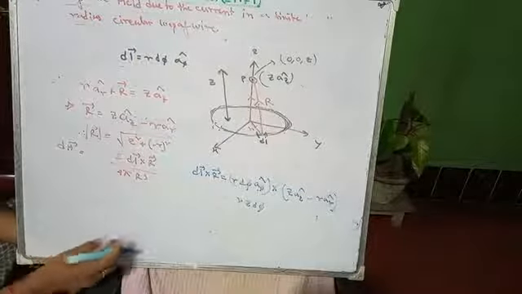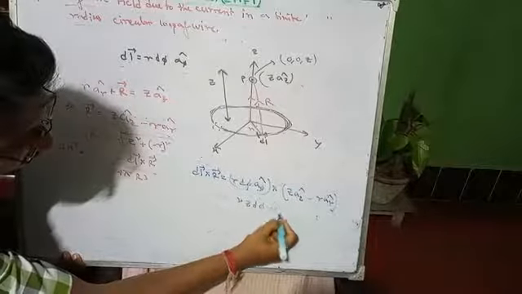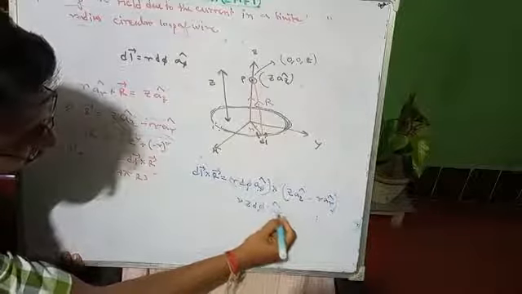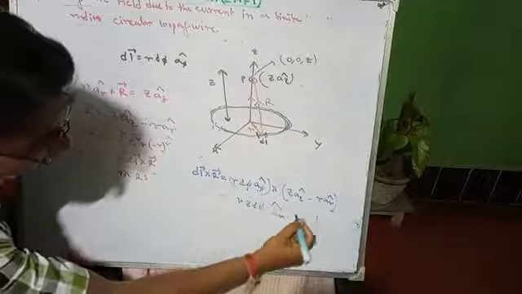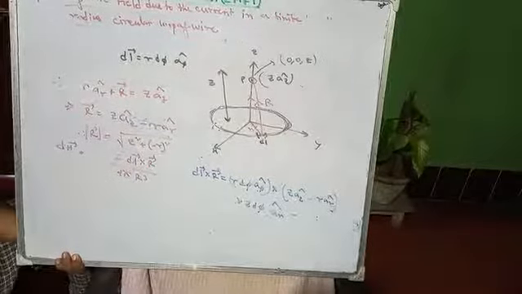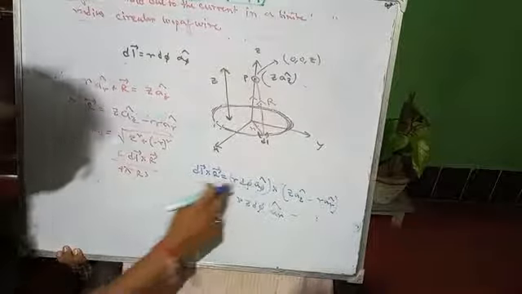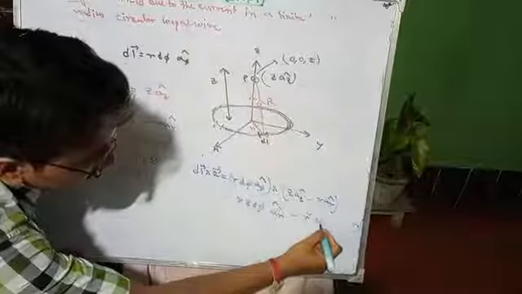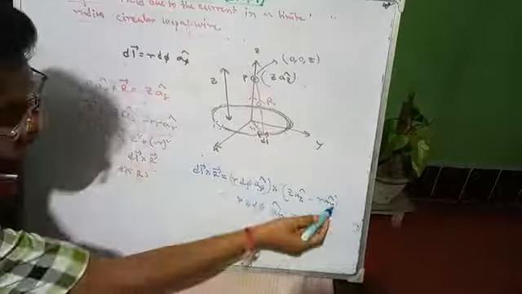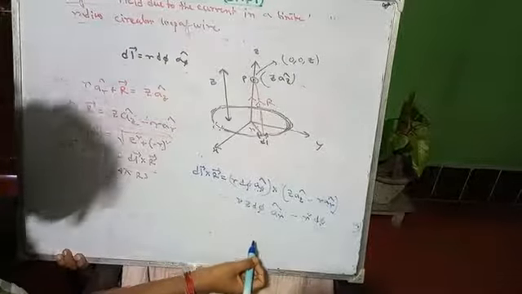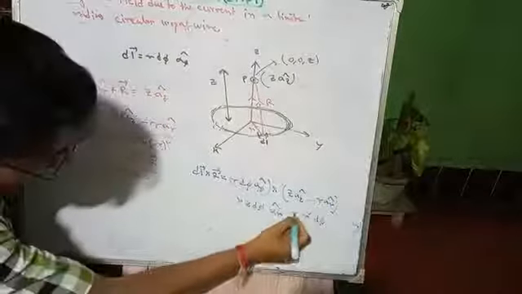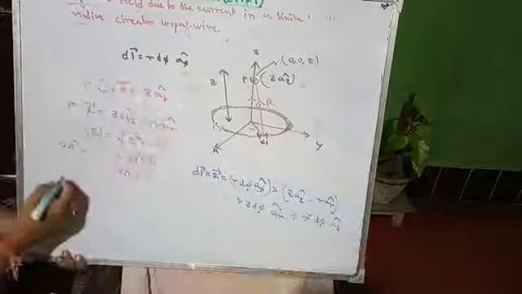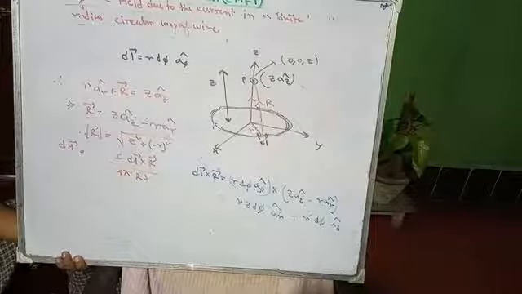So a phi cross with a_Z cap will result in a_R cap. Okay, minus R into R, that will be R square d phi, and a phi cap cross with a_R cap will produce minus a_Z cap. So it becomes plus a_Z cap. Okay. So now I am writing over here.